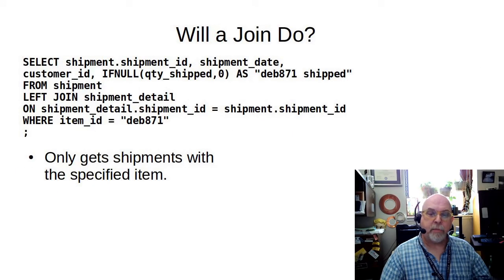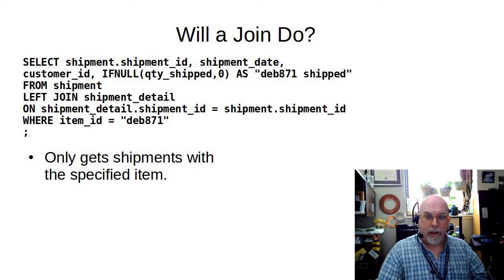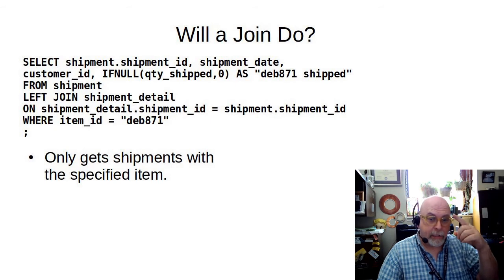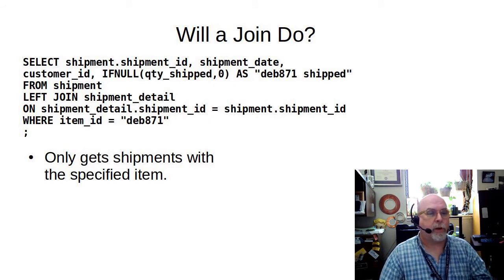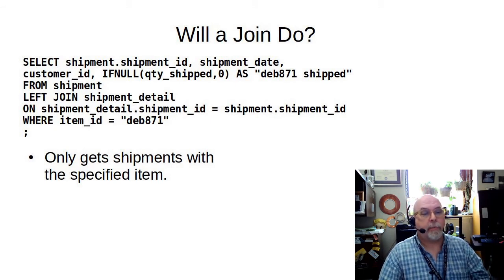As I mentioned before, why wouldn't it work with just a simple join? So let's take a look at that simple join and see if it actually works. We do a select shipment ID, shipment date, customer ID, the quantity shipped, from shipment left join shipment detail.